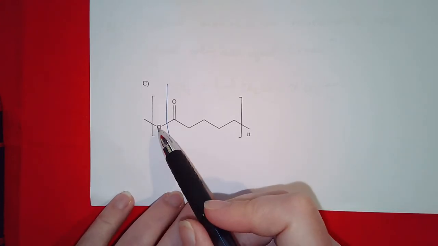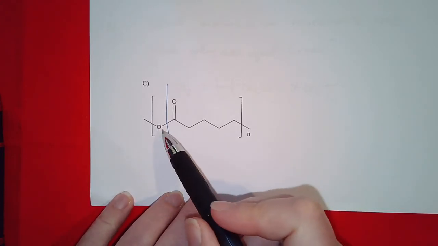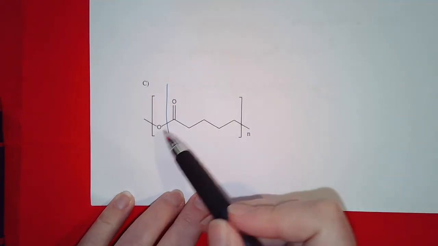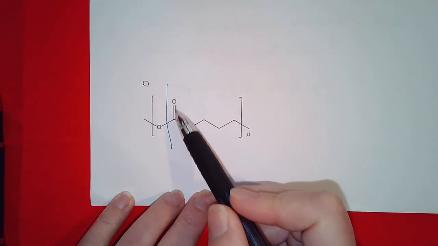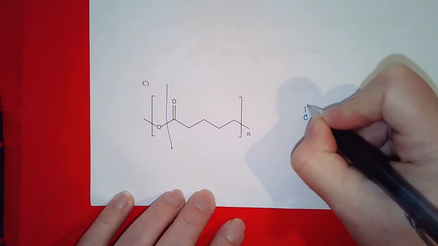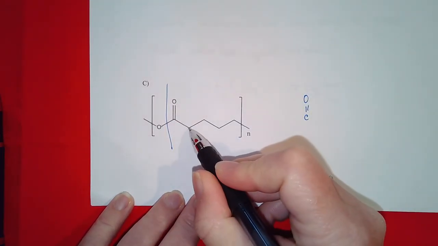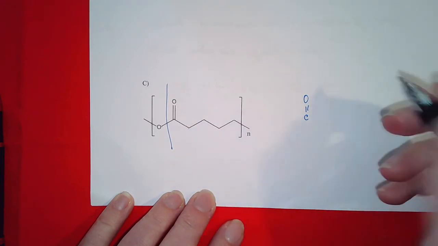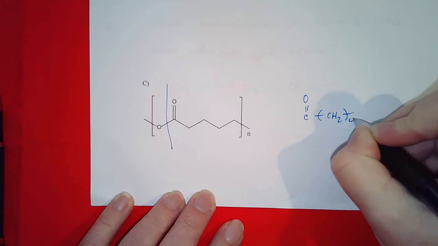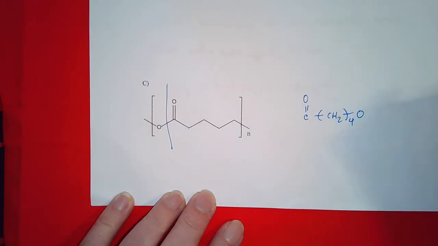Now, when I'm doing synthesis, I usually have that ester split on the wraparound bond, but you don't have to, and we talked about that before in class. So I'm going to start by writing the carbonyl, and then I have CH2, 1, 2, 3, 4, CH2, 4 times, and then I have an oxygen.